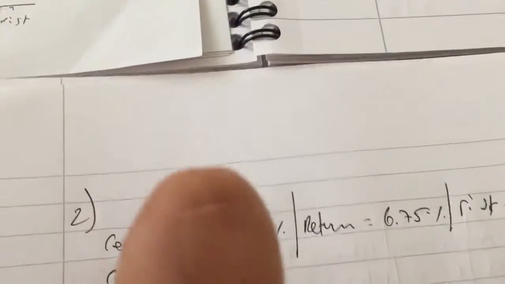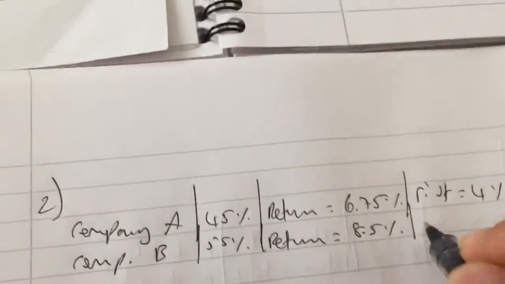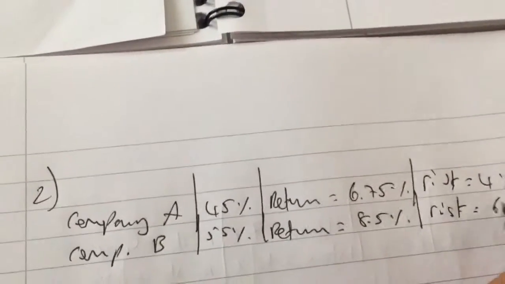Then we're looking at company B. The weight in company B is 55%, the return in company B is 8.5%, and the risk in company B is 6%. They've told us this in the question, and they want us to calculate the return and the risk.